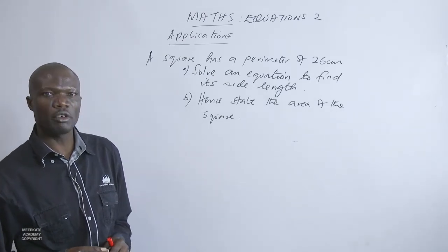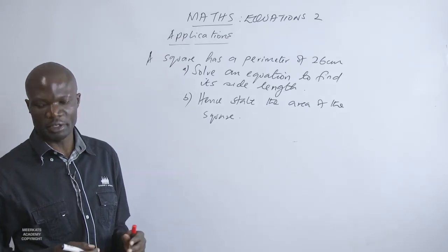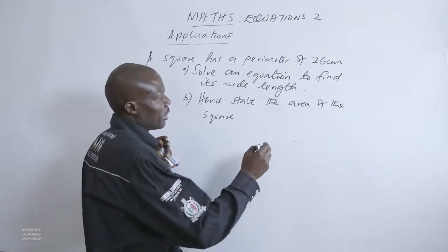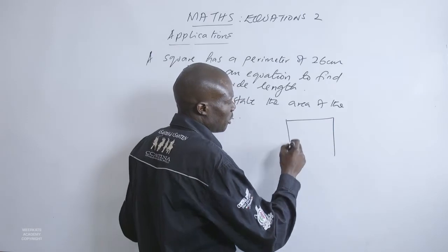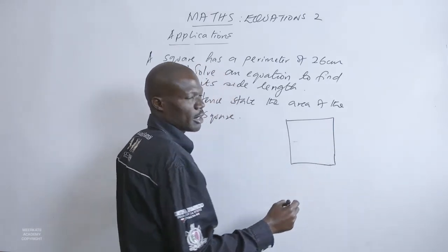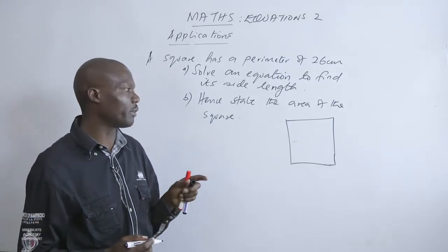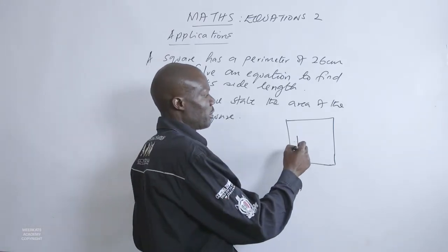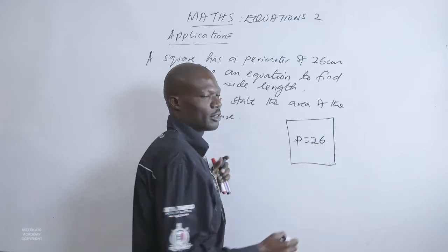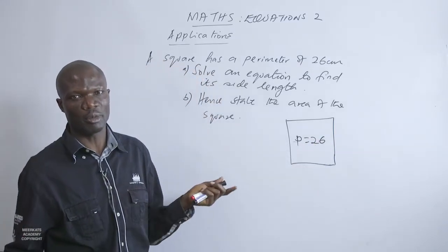So when we talk of a perimeter, what are we referring to? We know that a square is simply a four-sided figure with all sides equal and all angles 90 degrees. So if the perimeter here is 26, that is our perimeter.